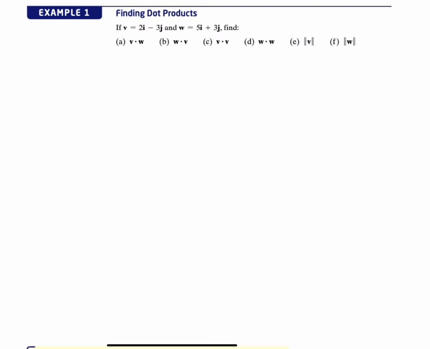So we're given vector v as 2, negative 3, or 2i minus 3j, and the vector w is 5, 3, 5i plus 3j. So let's find v dot w.